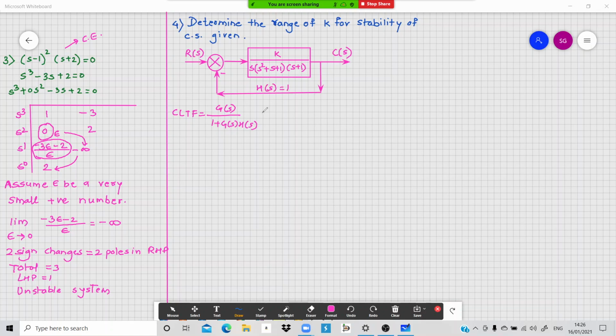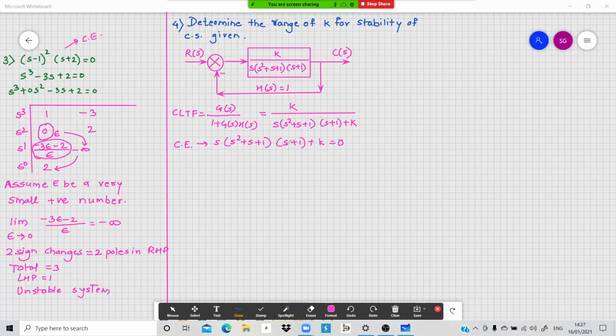That means now I'll directly write K upon numerator upon denominator plus numerator into H. So H is 1, so no need to worry, and the denominator will give you the characteristic equation. That means S square plus S plus 1, S plus 1, plus K is equal to 0.